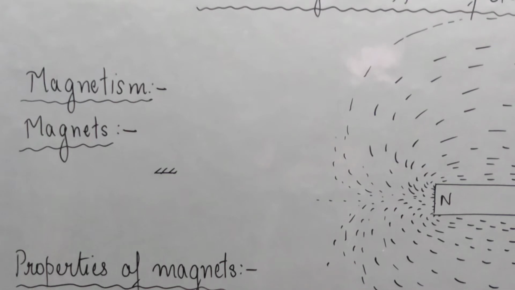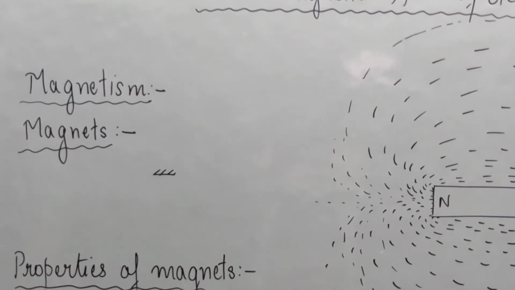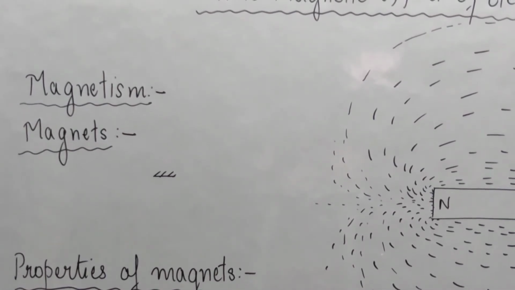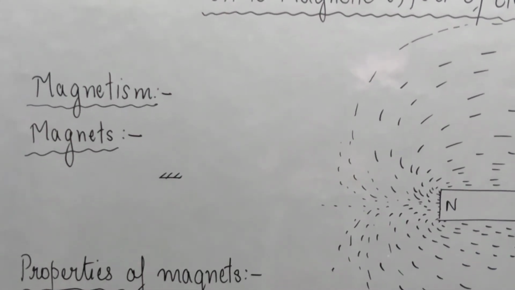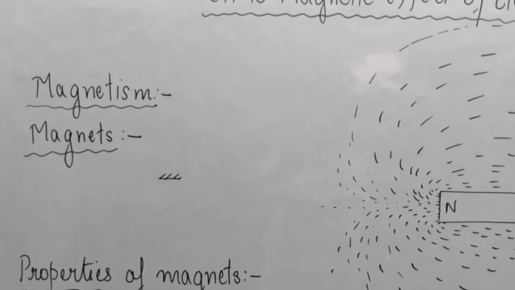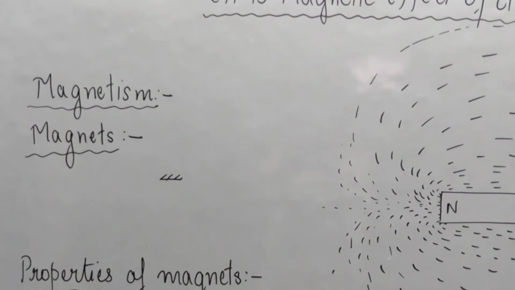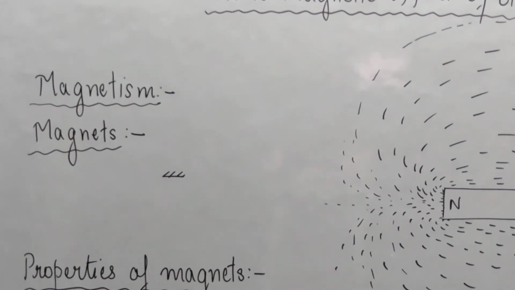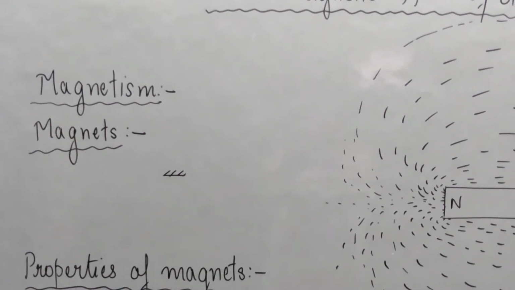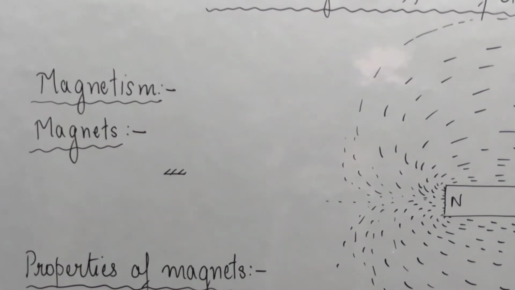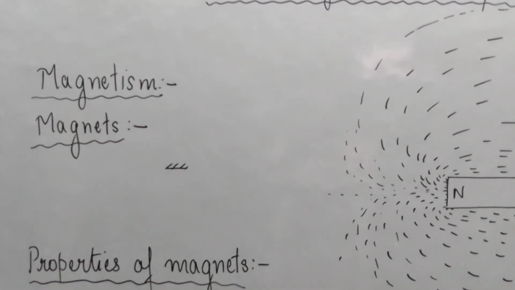So one end always faces towards the North Pole and the other end always points towards the South Pole of the Earth. The end of the bar magnet which points towards North Pole is called the North Pole of the magnet, while the other end which points towards South Pole of the Earth is called the South Pole of the magnet. So when we talk about magnets, we'll be considering generally bar magnets.